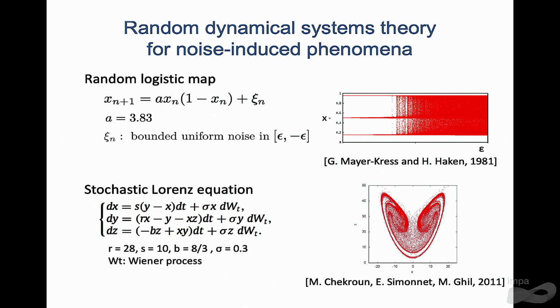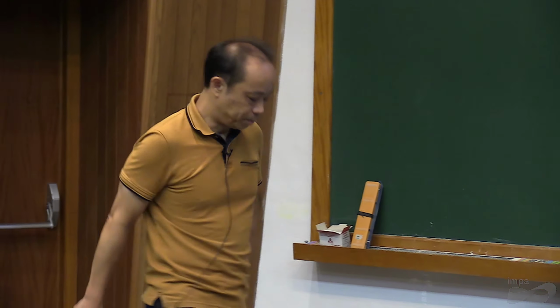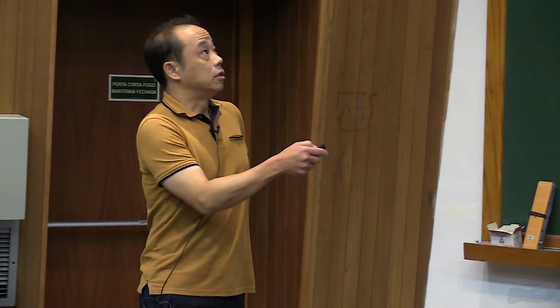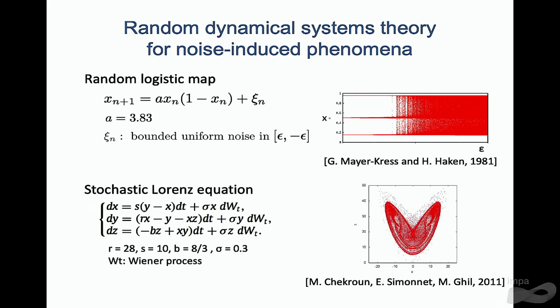Okay, so these are typical or representative examples of random dynamical systems and stochastic nonlinear phenomena. This one is a random logistic map with additive uniform noise.